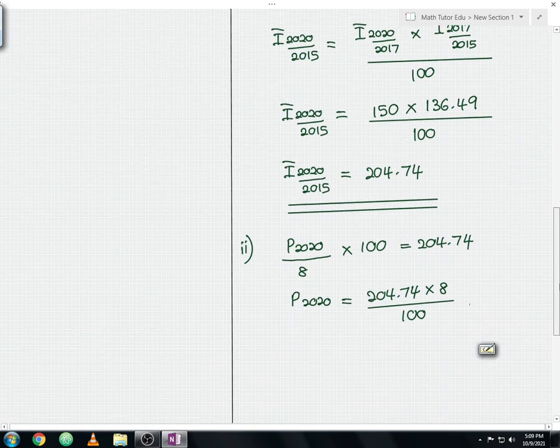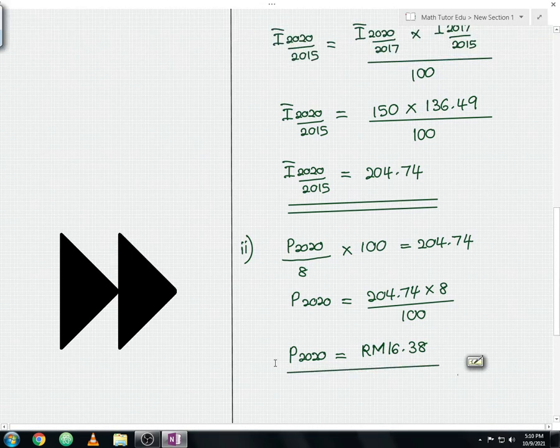You calculate this. From here you should get the price in the year 2020 is equals to 16 ringgit 38 cent. So this will be your answer for the question C part 2. Let me underline the solution.